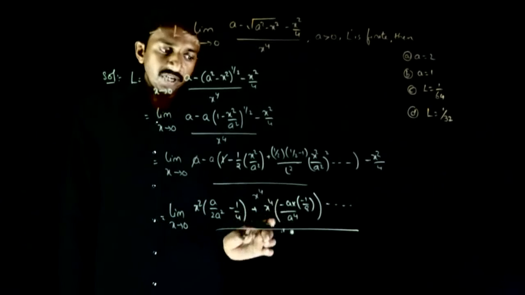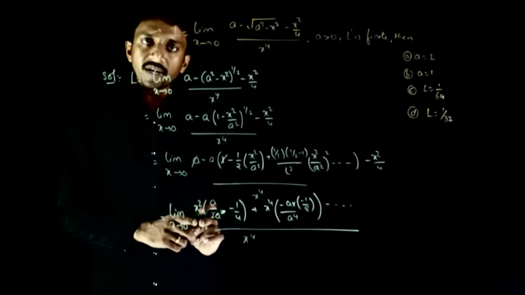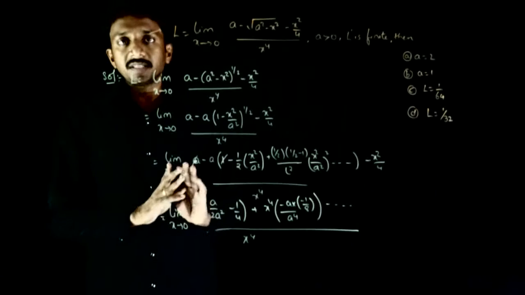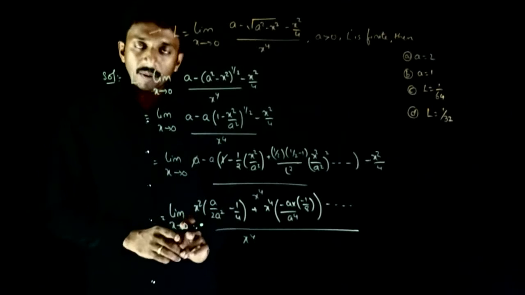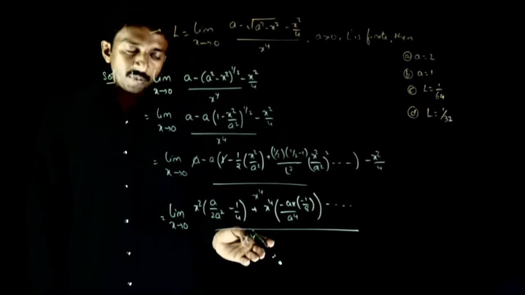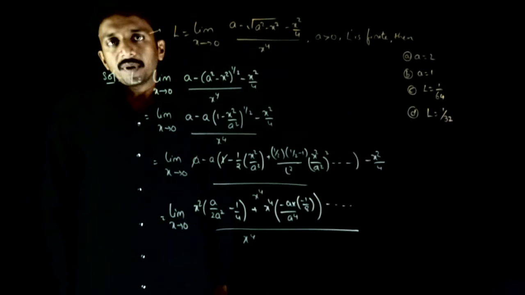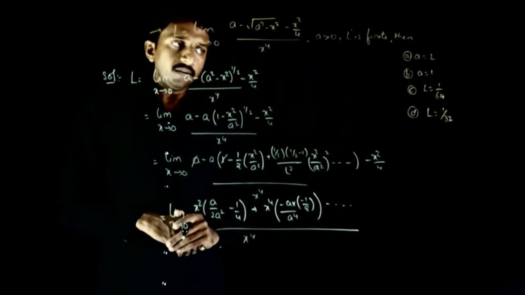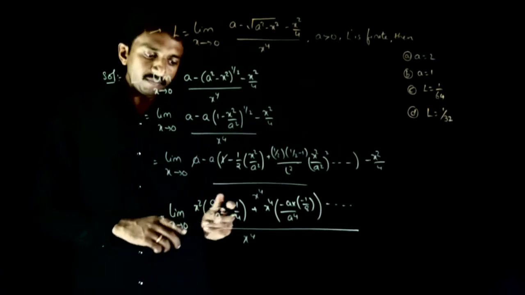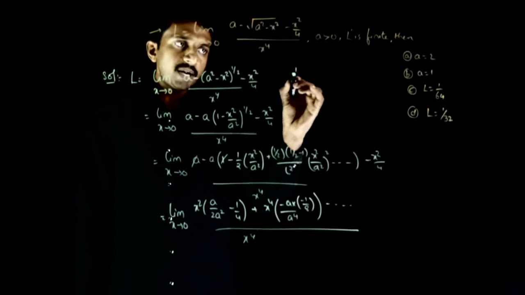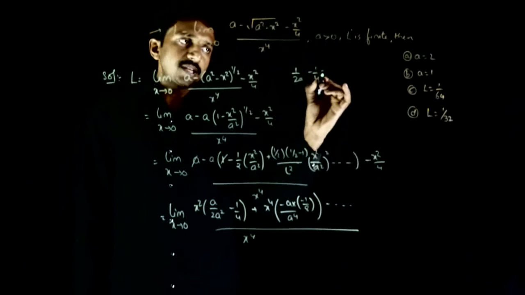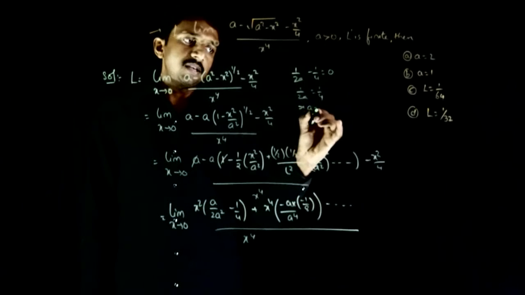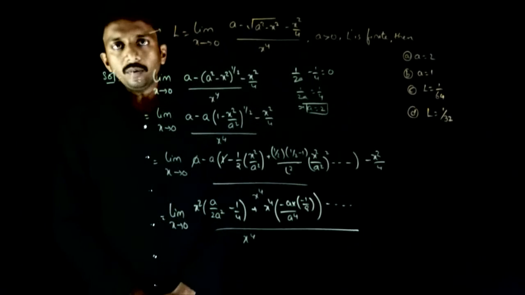That means the least power in the numerator should also be equal to 4. This means the coefficient of x square should be 0, such that the x square term will disappear. So this is the general logic that we apply in limits x tends to 0. The least power in the denominator is 4, so the least power in the numerator should also be 4. So the coefficient of x square should be cancelled, and for that the coefficient has to be equal to 0. So 1 by 2a minus 1 by 4 has to be equal to 0. That means 1 by 2a is equal to 1 by 4. This implies a is equal to 2.